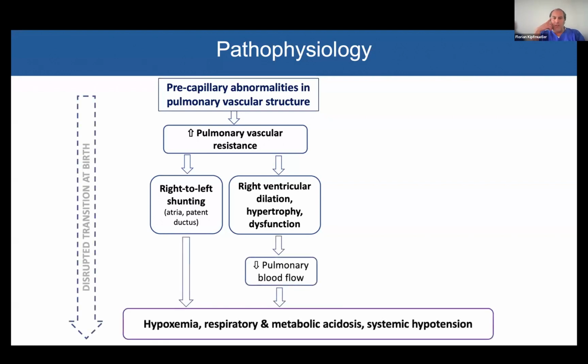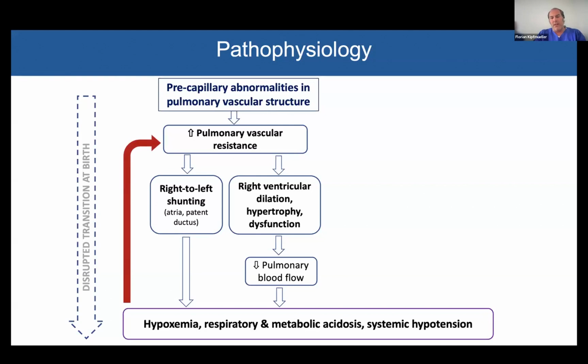And with the right ventricular dilatation and dysfunction, we have a decreased pulmonary blood flow. This is also affected, of course, by the right to left shunting via the PDA. And this reduced pulmonary blood flow leads to hypoxemia, acidosis, and hypotension.